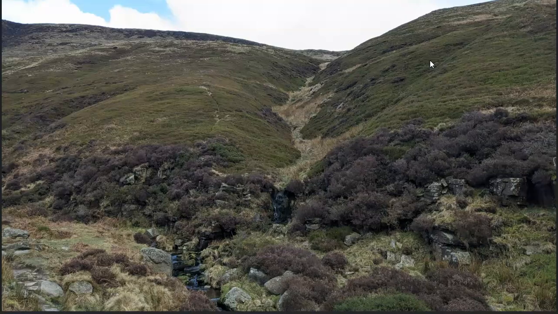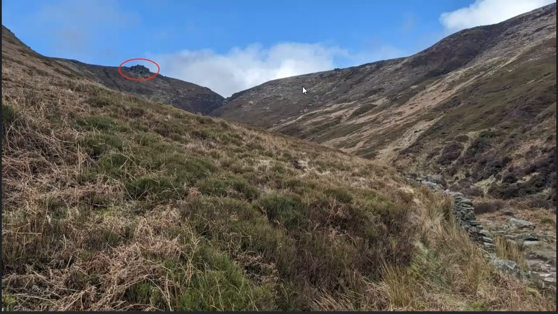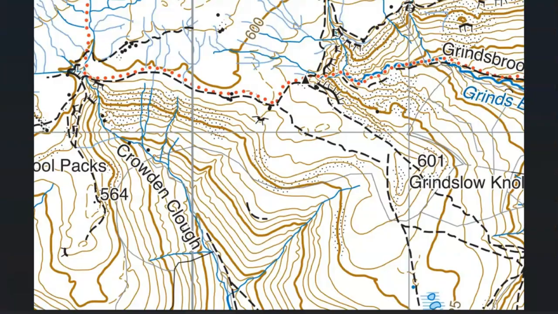Let's have a look. Could that be that? Well, a couple of things. If we look at photo number 1, we've got this stream off below and kinking off to the right of that crag. So we go to the map.